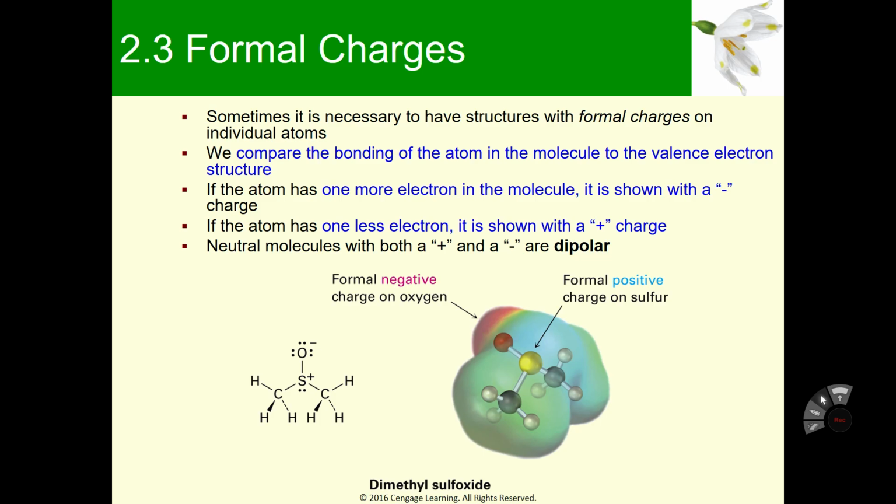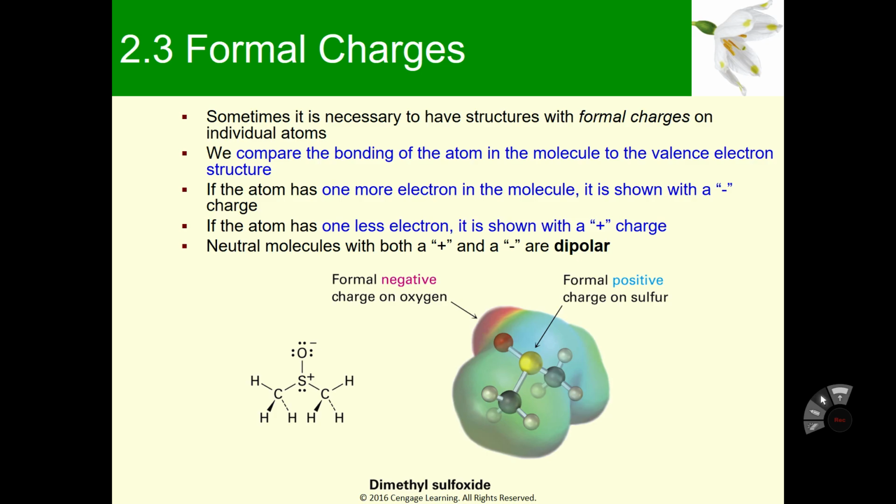The charge represented on an atom in drawn structures is called formal charge. It is determined by the number of electrons surrounding the atom and the number of electrons in the neutral atom. For example, in this molecule, the carbon has 4 electrons around it, so it's neutral.